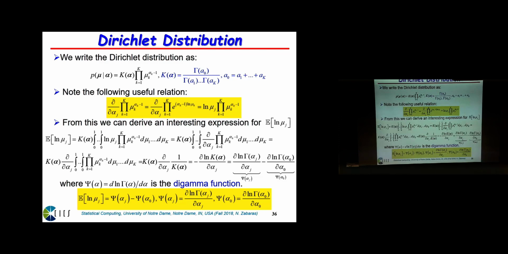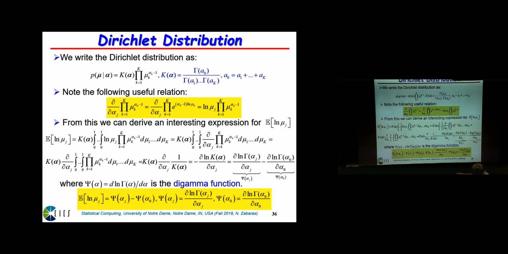So let's start with the result. It says that the expectation of the log of mu j, remember the random variables here are the mu's. These are the probabilities that each of these little k events will happen. So they are random variables.